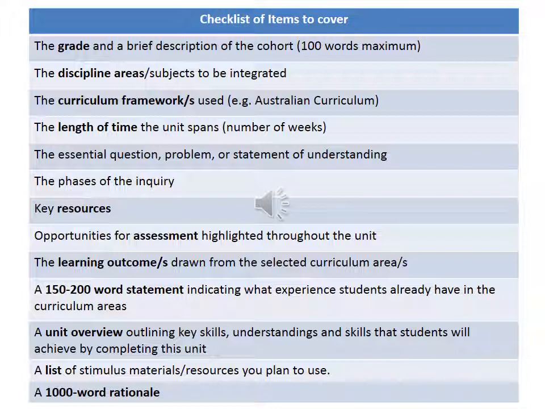You need to supply an overview outlining the skills and understandings that the children will achieve in this unit. You need to supply a list of stimulus materials and resources you plan to use. And as I just mentioned before, you can give hyperlinks to websites.